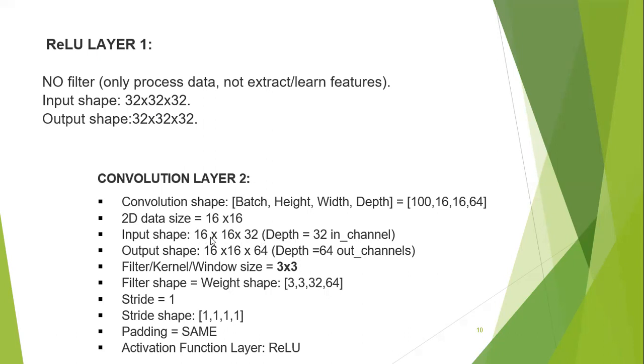Here we have an input shape of 16 by 16 by 32, so the input depth is 32 channels, and then 64 output channels. And also we keep the same filter size of 3 by 3, because this filter is good for these big data sets, for color data sets.